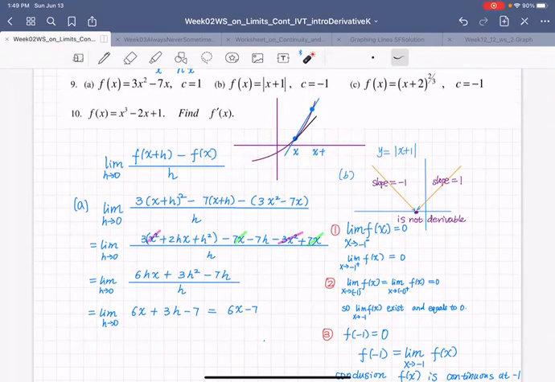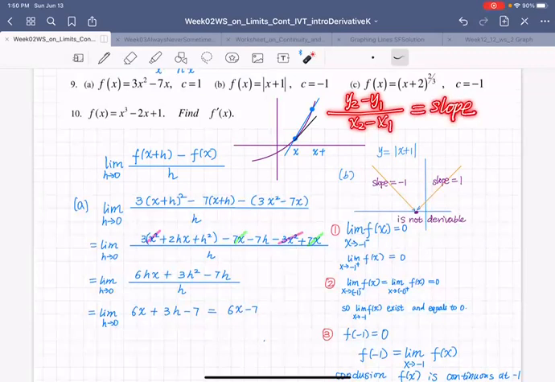Now, given a graph like that, I have 2 points. And if I connect these 2 points, if I use y2 minus y1 divided by x2 minus x1, this is the slope for this line.